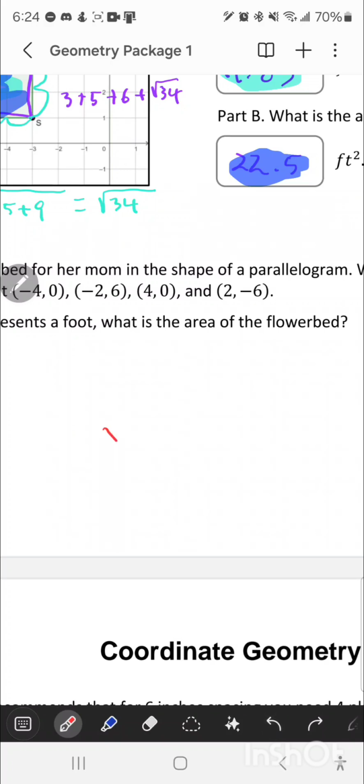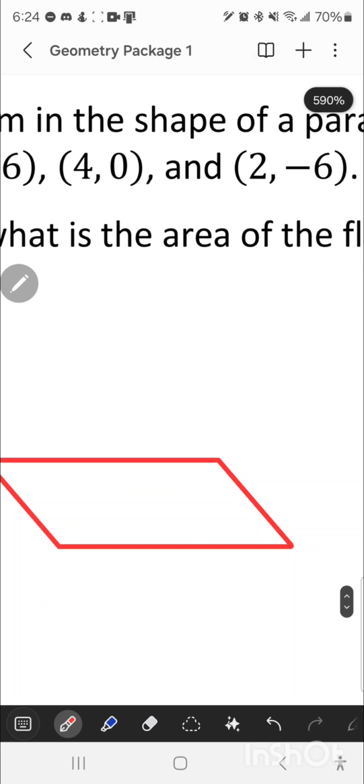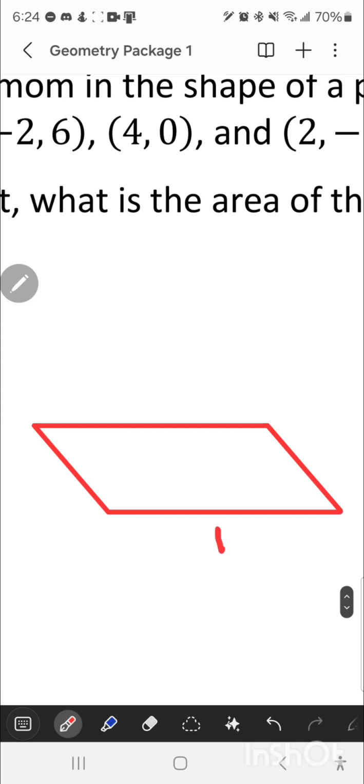Okay, the formula for the area is going to be base times height, as well as the rectangle. One side is going to be the base. Now the height will be the line perpendicular to that side. This is going to be the height.